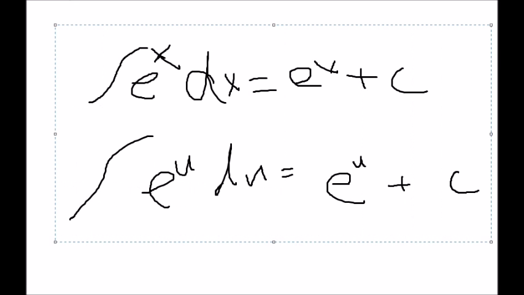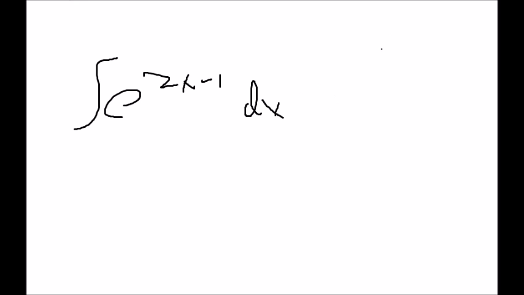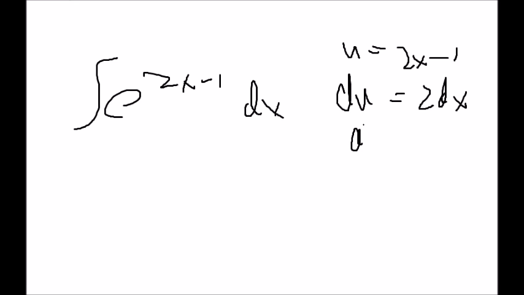Now, let's look at some examples yet again. We will be doing the indefinite integral, or the antiderivative, of e to the 2x minus 1 dx. What we need to do is set u equal to 2x minus 1. Do that u sub. du equals 2 dx, dx equals du over 2.